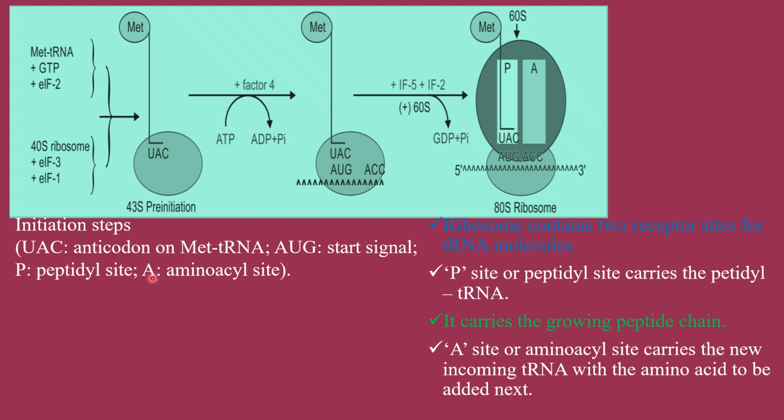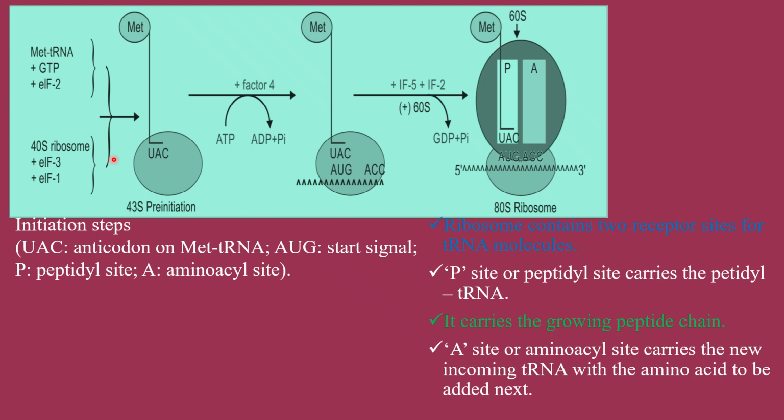Right? So the initiation process consists of various small steps. First is the recognition of the site on the messenger RNA from where it is to be started. And then formation of the pre-initiation complex, that is the binding of the tertiary complex of methionine transfer RNA, GTP and elongation factor 2. Then the formation of the 40S fraction of the ribosome.